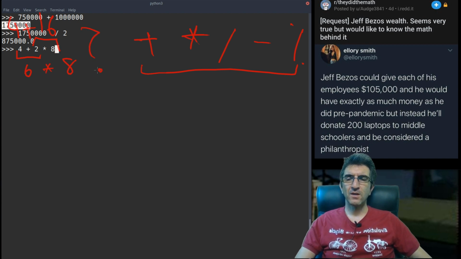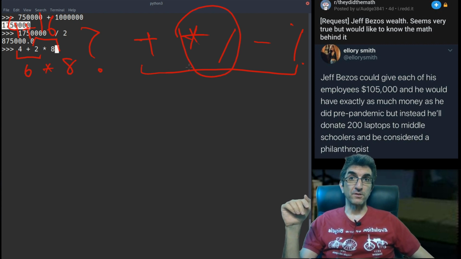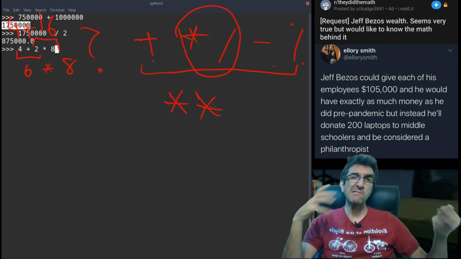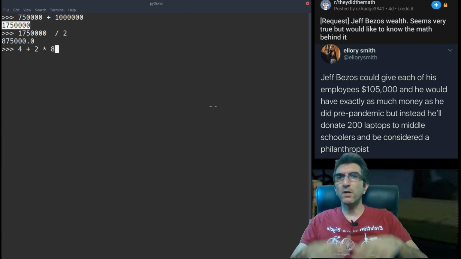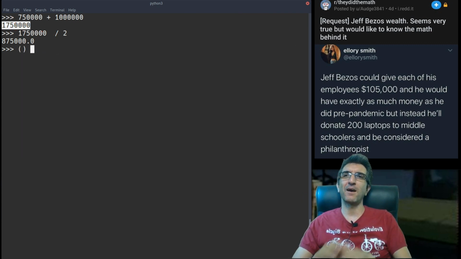Which one? On computer systems, multiplication and division have higher priority, so these will be calculated first, then this, then this. If you ask me what about power, I know, but if you don't know, it's always good practice to use parentheses.